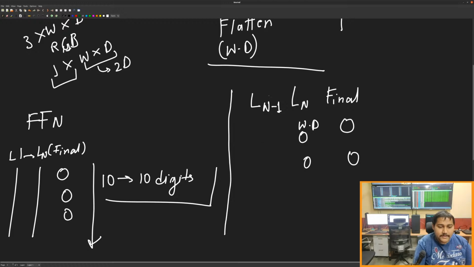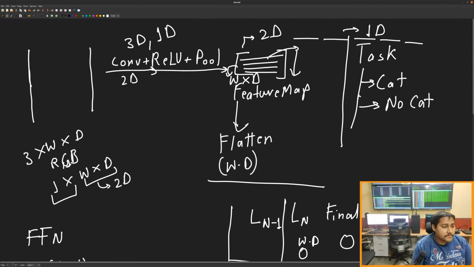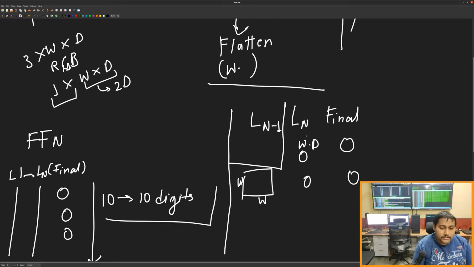Then we had a feature map, this particular array, with the width and the depth. Or in this case, instead of calling it depth, it's better if I use the term height since it's just 2 dimensions.